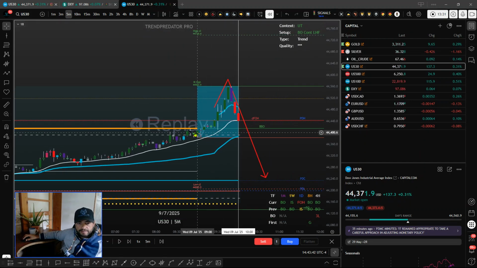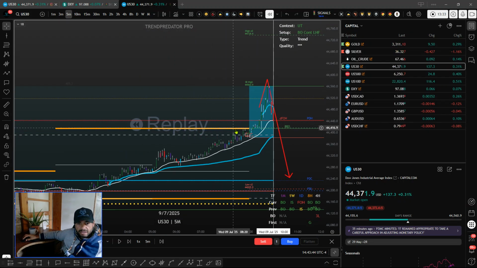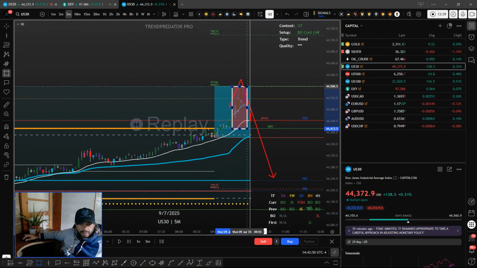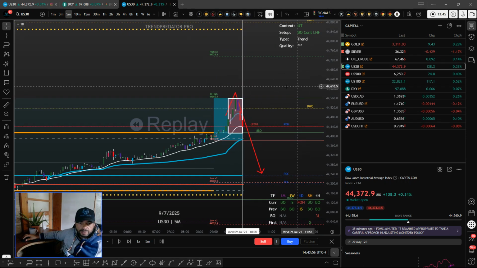Also, what I was looking for was the London highs and the Wall Street low, the Wall Street opening low, 9:30 a.m. There's our box inside of the opening range box, 9 a.m. to 10 a.m. Wall Street of New York.